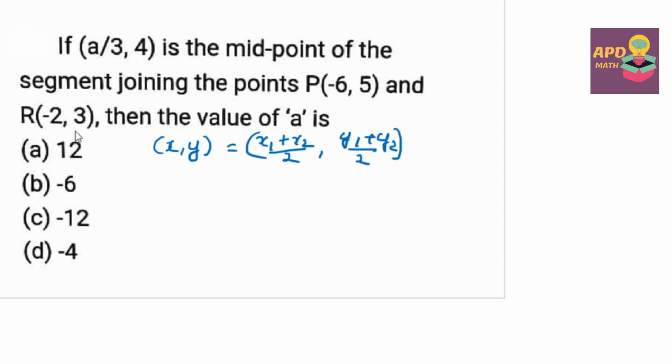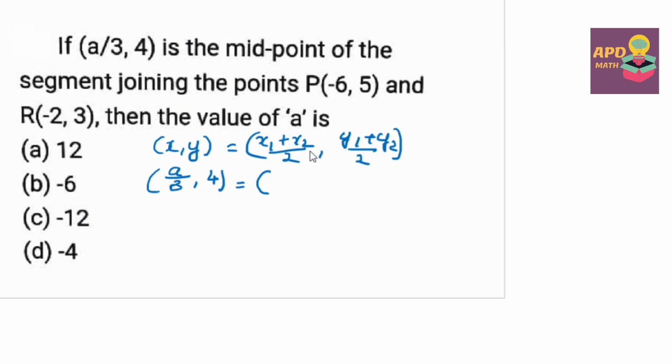So the midpoint of pr is a by 3 comma 4, that is x comma y. On the right hand side, what are x1 and x2, y1 and y2? Substitute all these values in this formula.